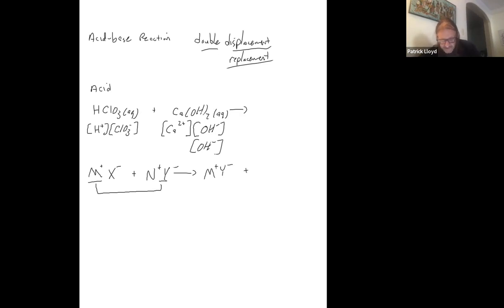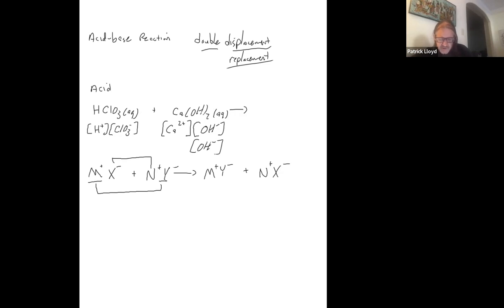And then the second positive goes with the first negative, so you get N plus X minus. So do you see why we might call that double replacement or double displacement? They're displacing each other, replacing each other. Switching partners is one way to look at it. That'll be our approach for acid-base reactions for many examples: we just switch partners. Okay.